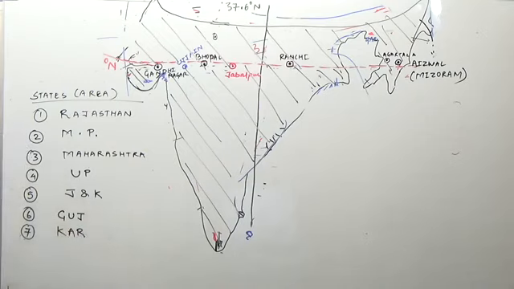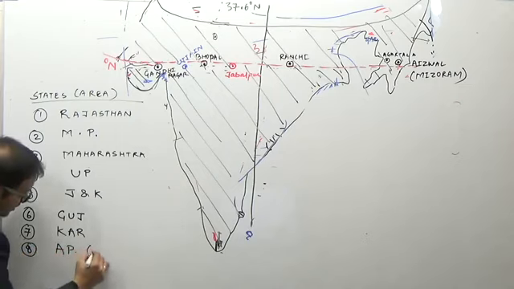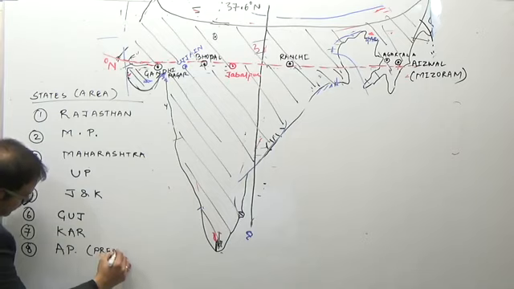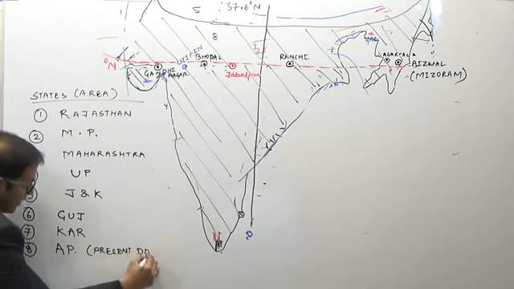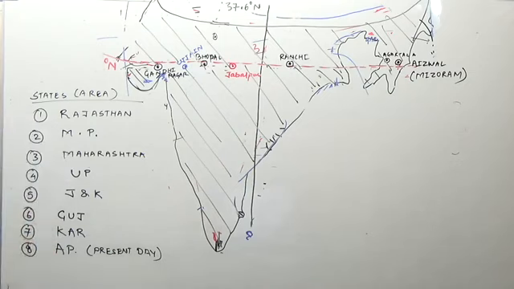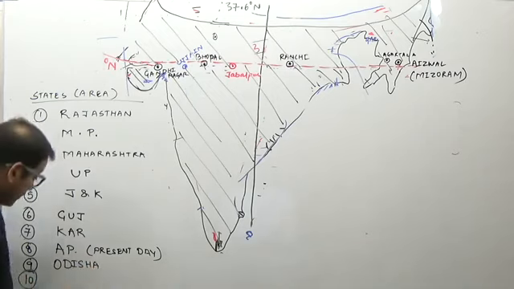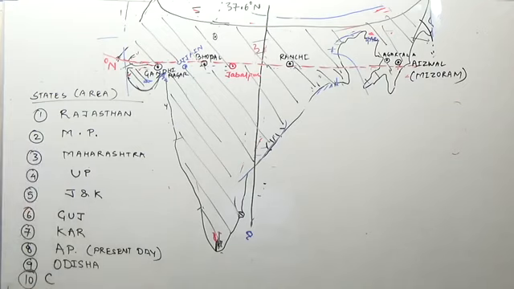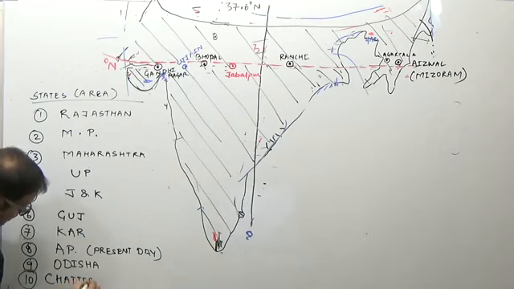The eighth biggest state is present day Andhra Pradesh, which means it does not include the part of Telangana. Then the ninth biggest is Odisha. And the tenth biggest, you will be surprised, is the state of Chhattisgarh.